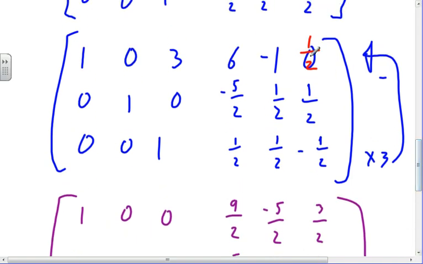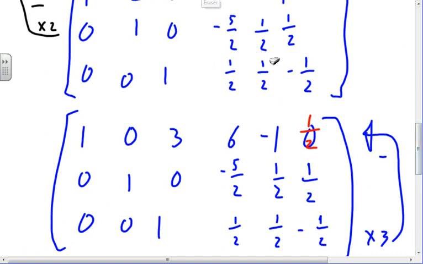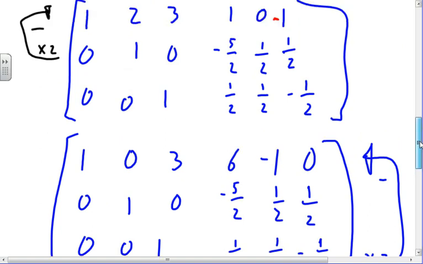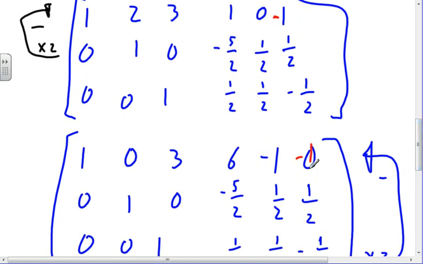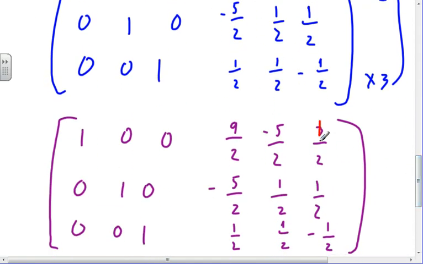Well, no, it's a 0 right there. Yeah, it's a 1 right there. So it's supposed to be a 1, a minus 1 sitting here. And with a minus 1 sitting there, it's plus 1 half sitting there.